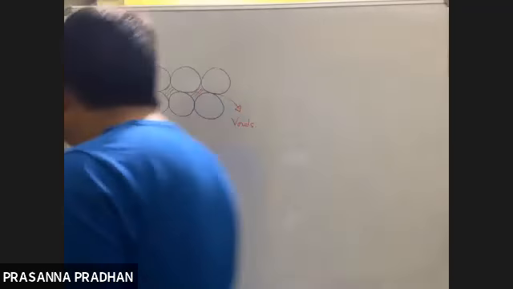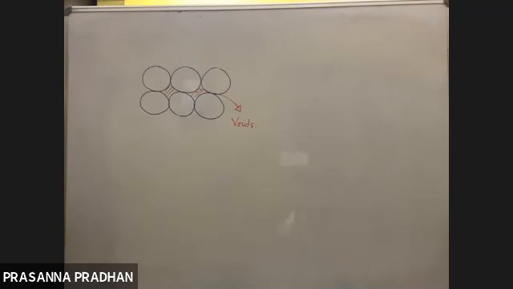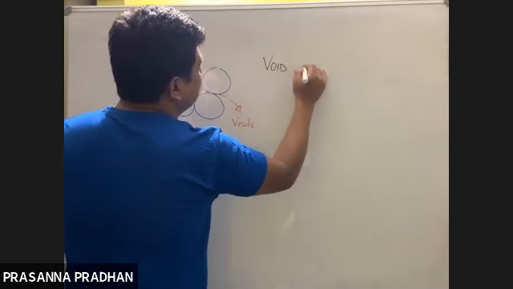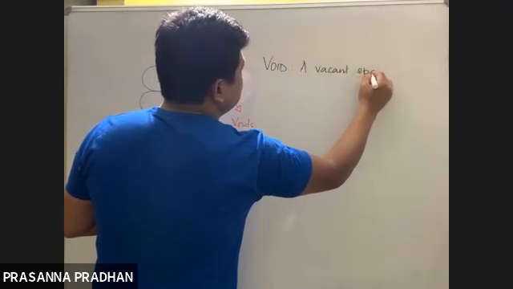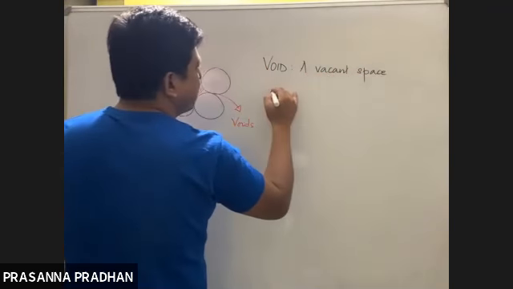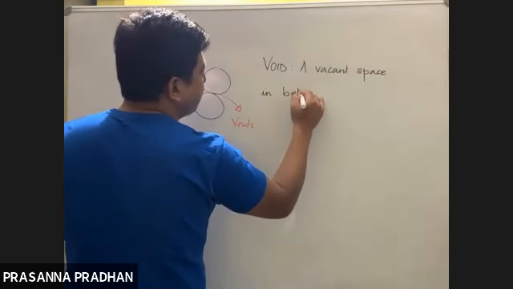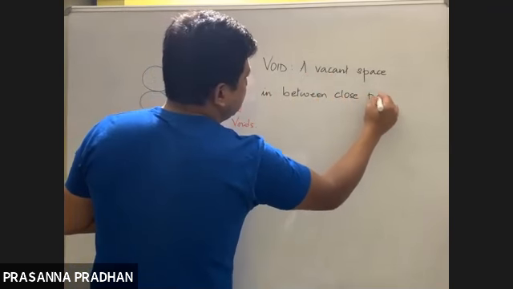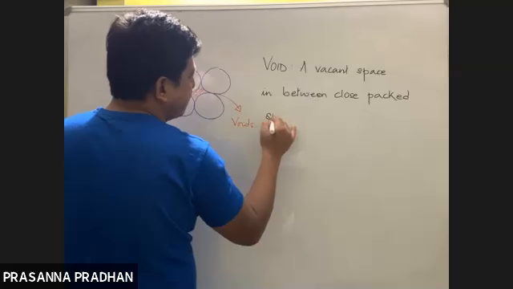So how do you define a void? A void means a vacant space created in between close packed spheres.